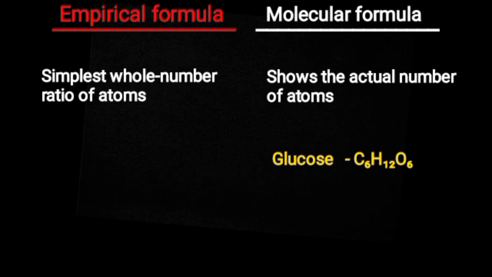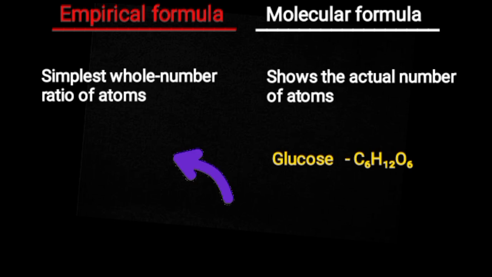So if we are given a molecular formula, like let's say glucose, as we can see, and we are asked to deduce the empirical formula, all we need to do is just find a number we can divide each of the subscripts in the molecular formula with, and then we will arrive at the empirical formula.